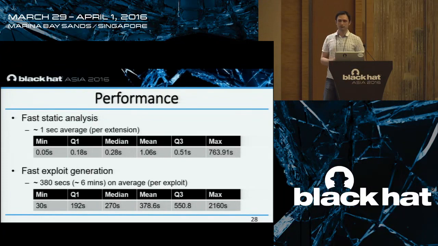There was one exception which took 763 seconds, and it was the extension called Local Load, which has the local copies of all the famous JavaScript libraries like jQuery or other libraries, with 10,000 lines of code. So it took a while, but it was still very fast compared to other existing static analysis tools.